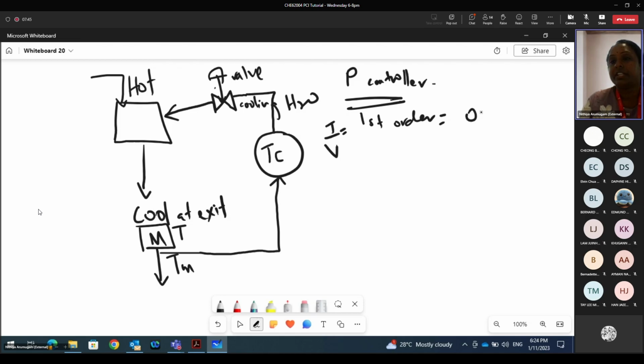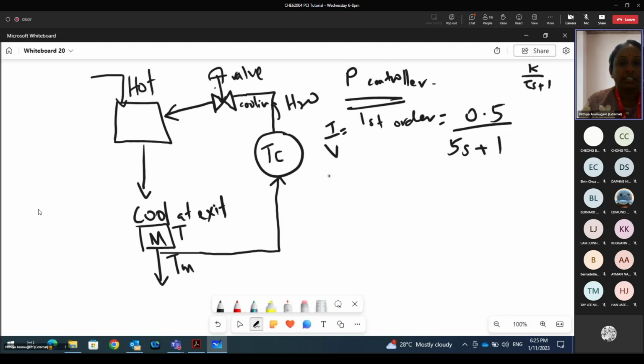They have already given the K as 0.5. If you remember the general function K over tau s plus 1, the K is given as 0.5 and tau in this case is 5 minutes. So 5s plus 1. This is for the temperature and valve portion.